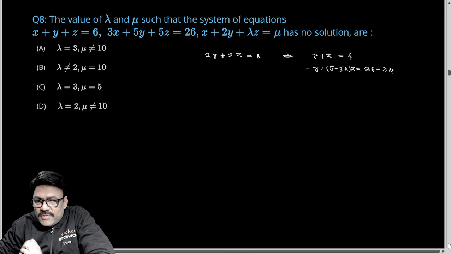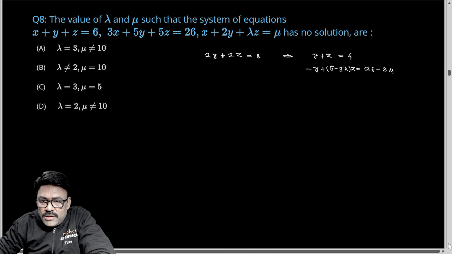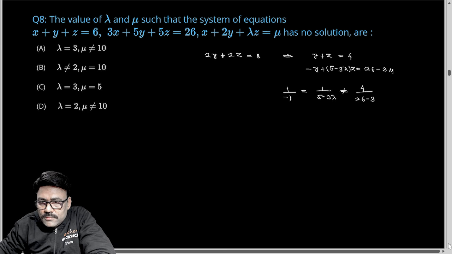And since this system has no solution, you can write 1 over minus 1 is equal to 1 over 5 minus 3 lambda, but not equal to 4 over 26 minus 3 mu. So you are getting what? 5 minus 3 lambda is minus 1, 3 lambda is 6, so lambda is 2.